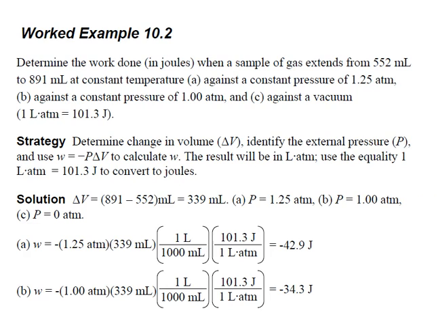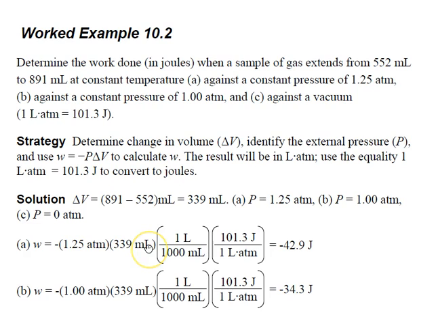Let me move my cursor. We're going to look at our pressure times delta V, and the formula for work is negative P delta V. So a negative 1.25 multiplied by the volume difference, which we already calculated, is 339.